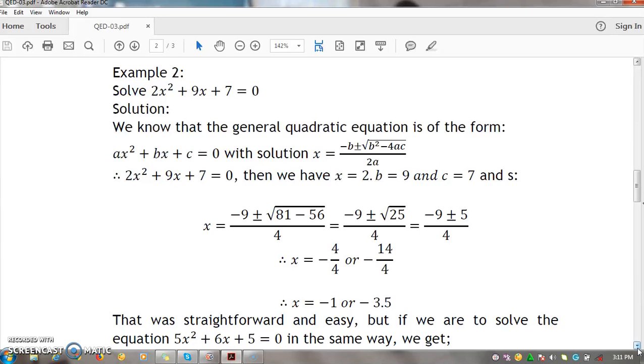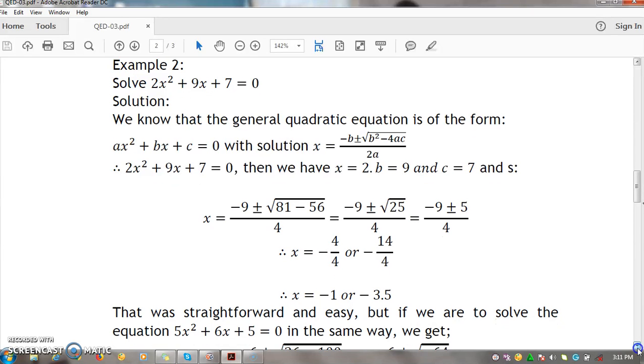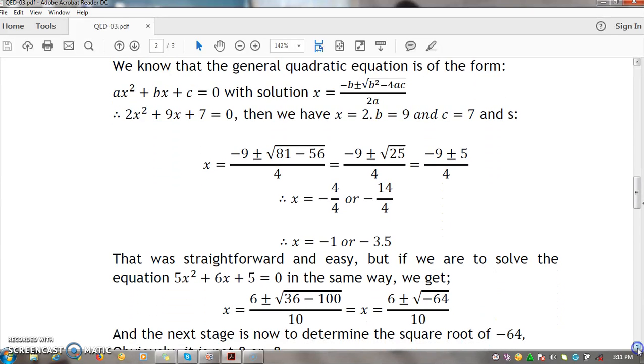So, to now use the almighty formula, we have minus 9 plus or minus the square root of 81 minus 56 over 4. When we solve it, we have our x will be -1 or -3.5. Yeah, this is quite easy, very straightforward.